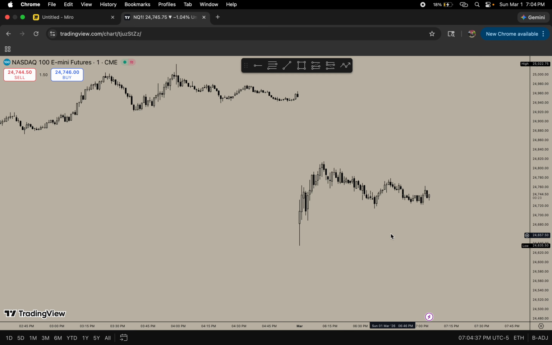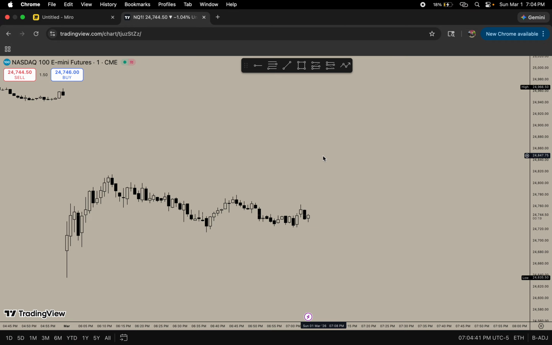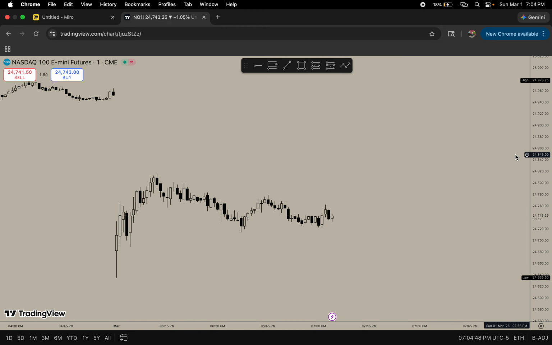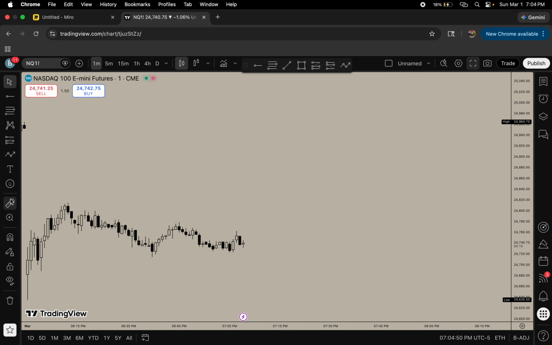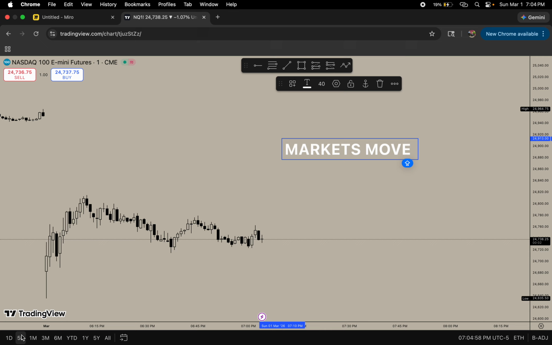And now once we have our liquidity figured out, the next thing would be to look for a rebalance. This is another important thing. I'll end the video on this note and continue on the next one. Markets move for three reasons.